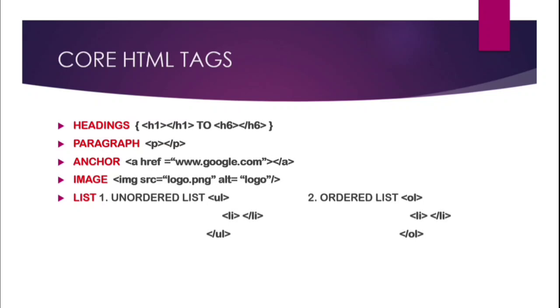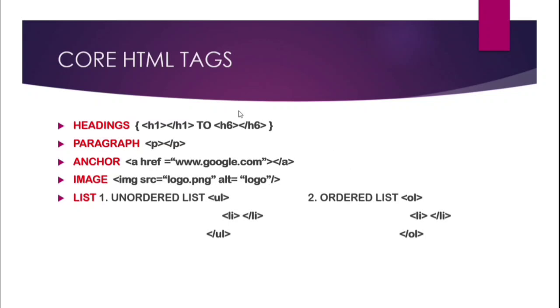One is the source, which will be used to link the image that you want to add. Here you can see I've added logo.png. And the alt attribute is used when the image doesn't display on the website, to tell the user that in this place we have an image, and that image is the logo. You can mention that in the alt of the image tag.